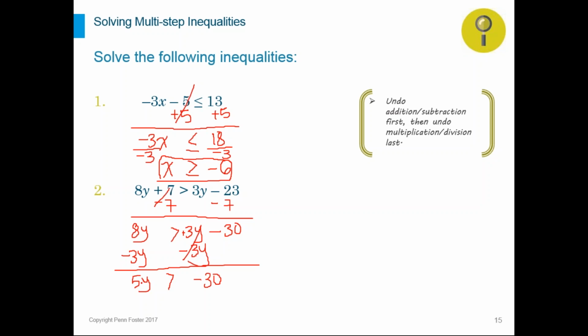I have 5 times my variable, so divide by 5 on both sides. Are we going to switch the sign in this step? No, we did not divide or multiply by a negative value. There is a negative value on the right-hand side of the inequality. That does not mean that we switch the sign. So the answer would be y greater than negative 6. That's it.